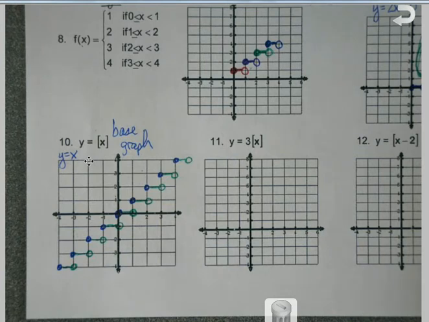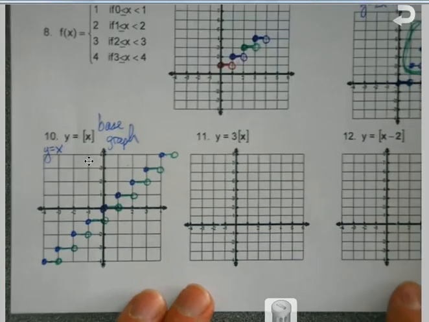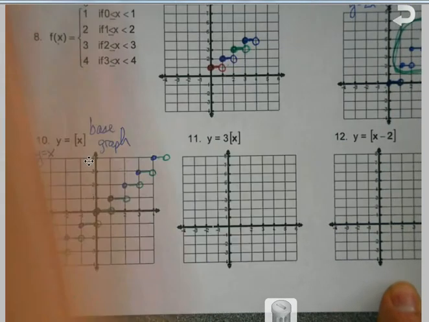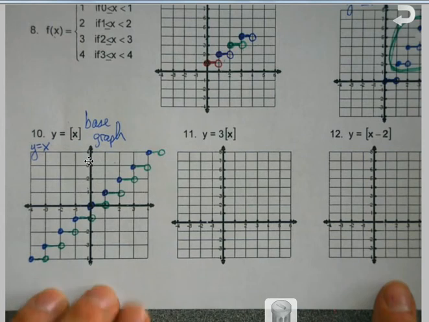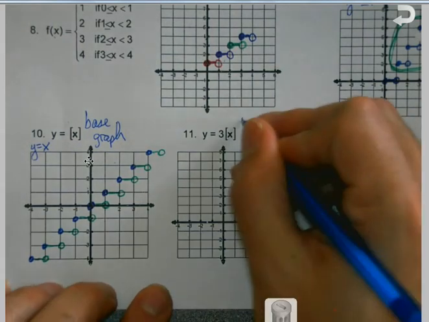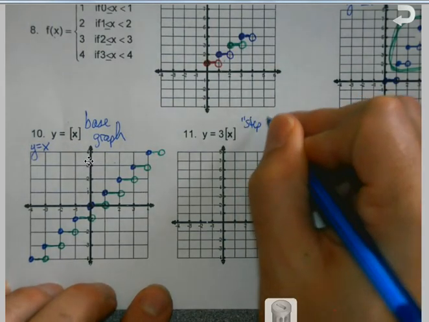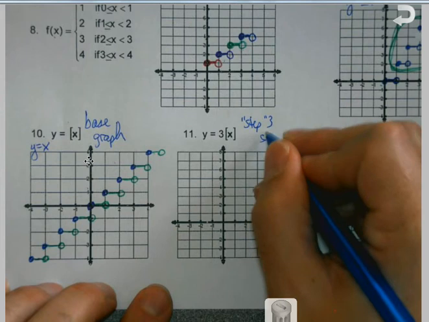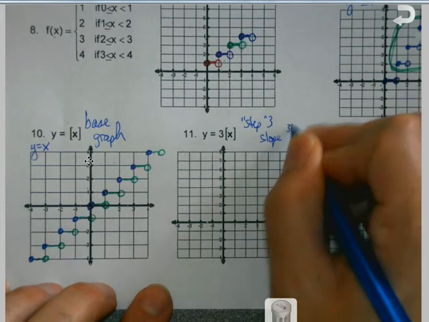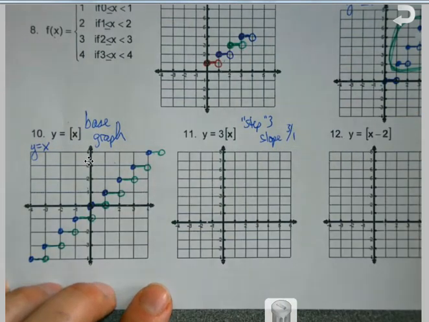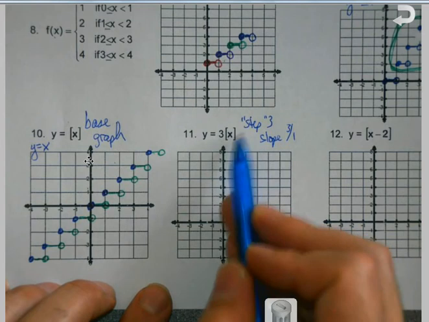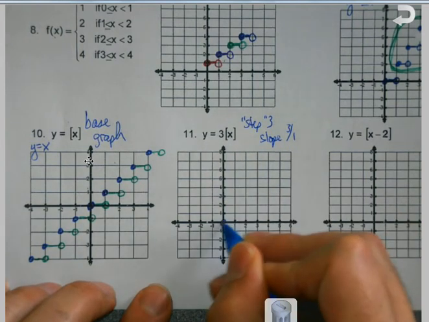But otherwise, just treat it exactly like you would slope. So if you get y equals 3x, okay, it just means we're going to do what's called step 3, which means the same as my slope being 3 over 1. I don't see any sort of intercept, so I know I'm starting at 0.